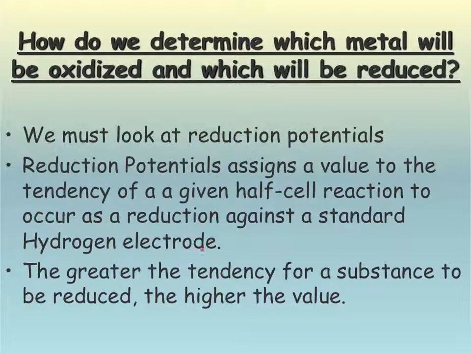So basically what they do is they took all the different metals and they measured the voltage produced against a standard hydrogen electrode. So hydrogen is assigned a value of 0, and then everybody else is based off of hydrogen. The greater the tendency for a substance to be reduced, the higher the value. So the higher the reduction potential value we get, the more likely the substance is to be reduced.